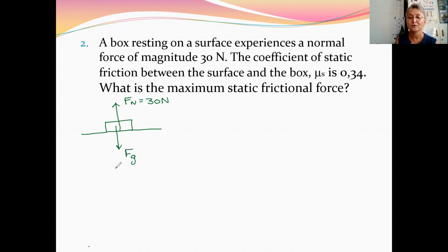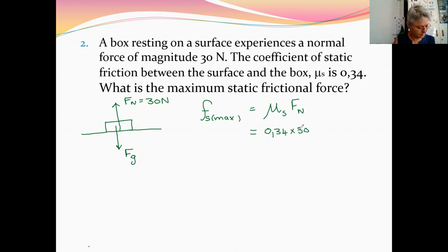I don't have to worry about that at this point in time because the relationship between the maximum static friction and the normal force is that it is equal to the coefficient of static friction. So Fs max is μs times Fn, and I've got all the information to calculate this, 0.34 times the 30.